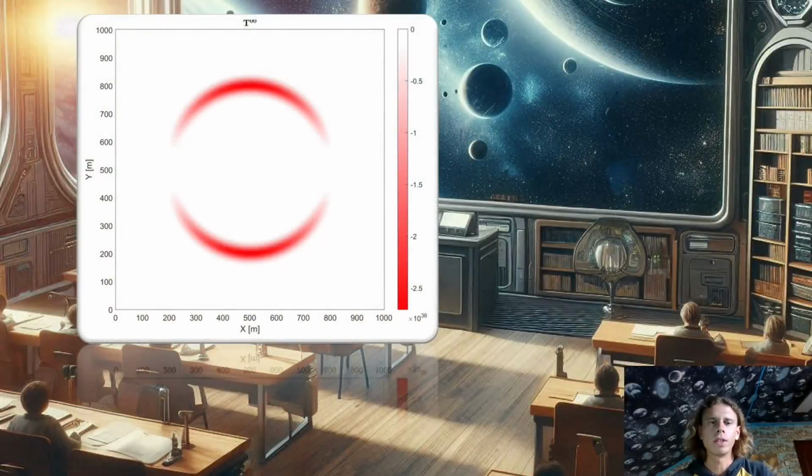I also have this plot which shows the distribution of this exotic matter around our warp bubble, and this picture was made using Warp Factory, and so we will talk about this later.